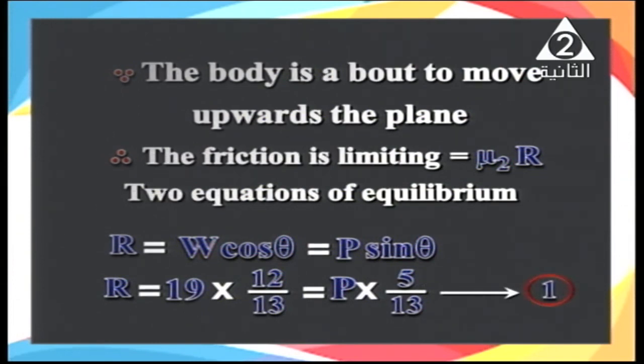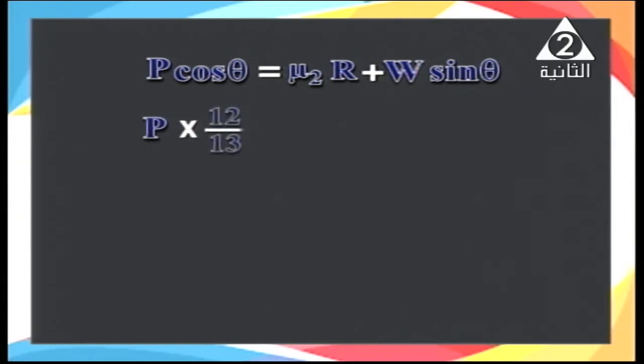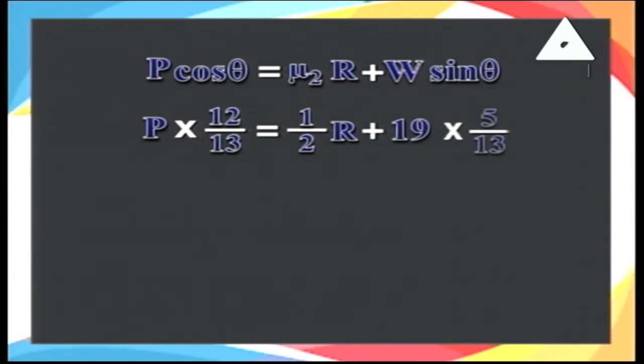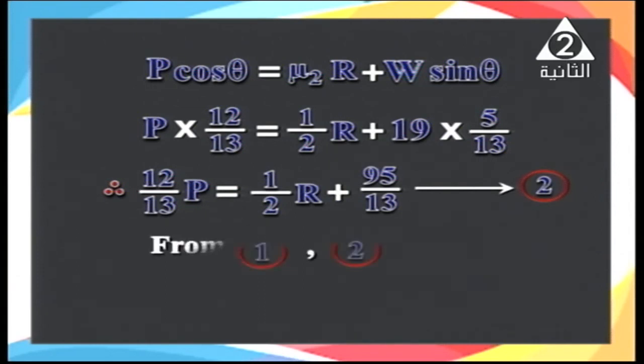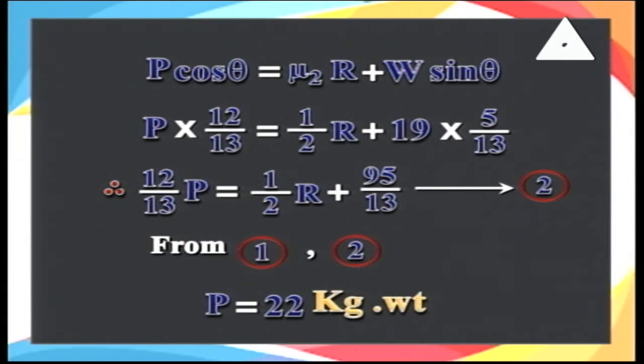Equation number two: B cosine theta equals μR plus W sine theta. Therefore, B times 12/13 equals half R plus 19 times 5/13, which is 95/13. From equations 1 and 2, we find the values of B and R. B equals 22 kg-wt.